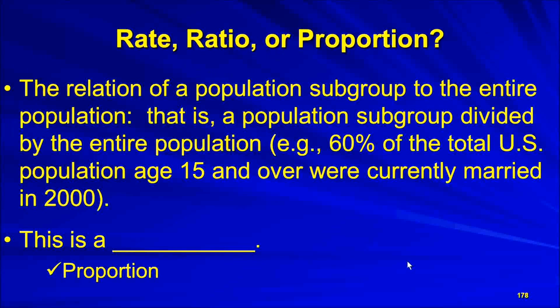And then we have plus singles, which would be 40% of the denominator: never married, separated, divorced, and widowed. So never married, separated, divorced, and widowed would make up the 40%. So that would give you, you would account for 100% in the denominator.